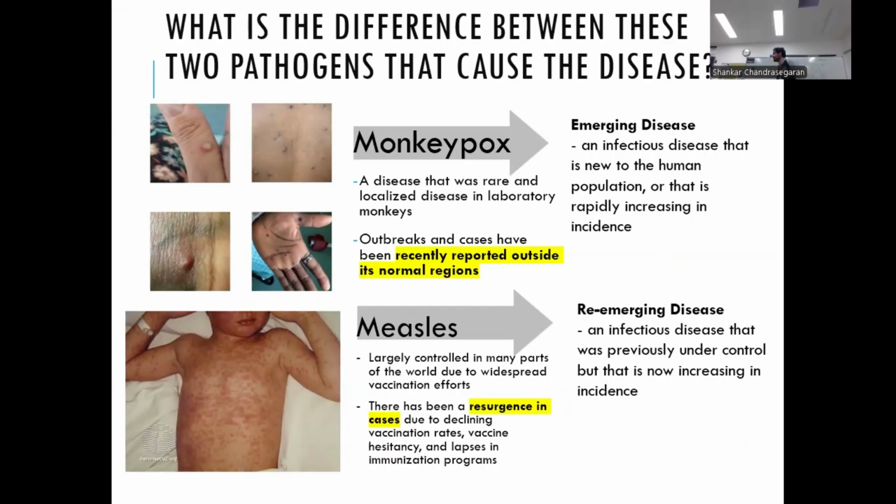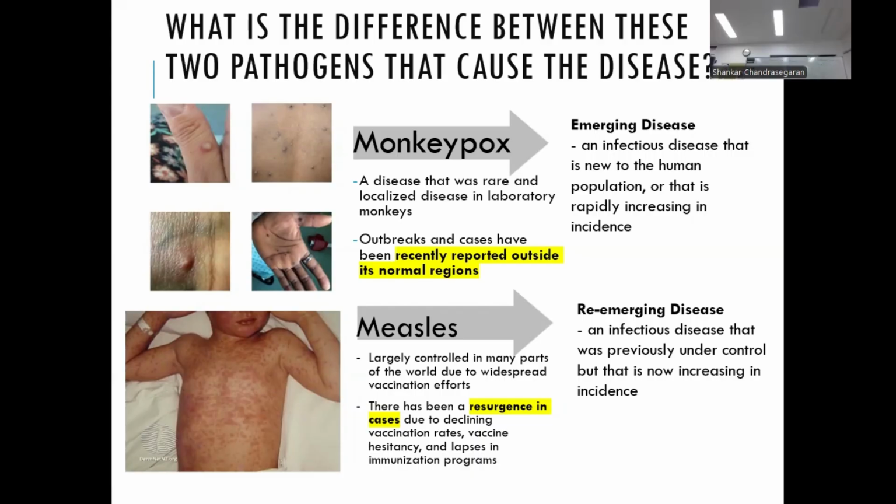And we'll get a better sense of how dangerous a disease actually is. So when we think about diseases, there are two ways you can think of them, as either emerging or re-emerging. We have two examples here with monkeypox and with measles. Monkeypox is relatively new to you guys. It's a disease that was rare and commonly found localized within laboratory monkeys.